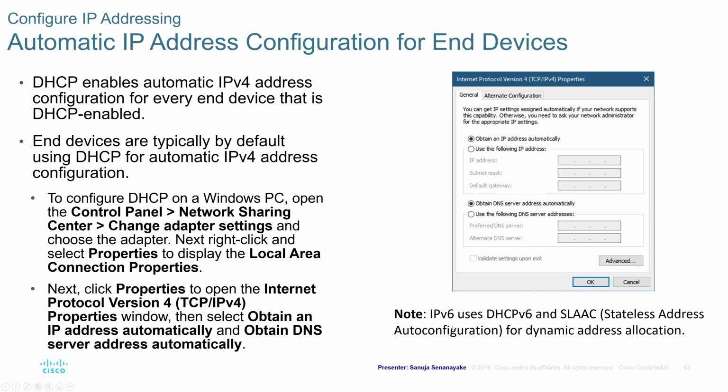Just remember for your exams, DHCP uses a DHCP server to hand out IP addresses automatically to IPv4 devices. DHCPv6 and SLAAC, or stateless address auto configuration, is used by IPv6 devices to obtain similar automated IP addresses for their end devices.